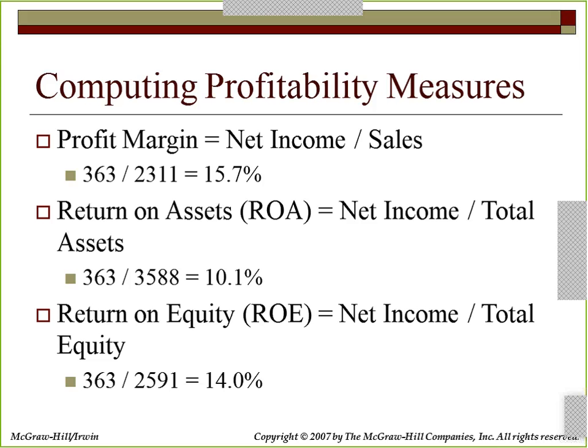So if we make the denominator sales, we would call that the EBITDA margin for the company, and take a close look at how the EBITDA margin is changing over the course of 3 years.